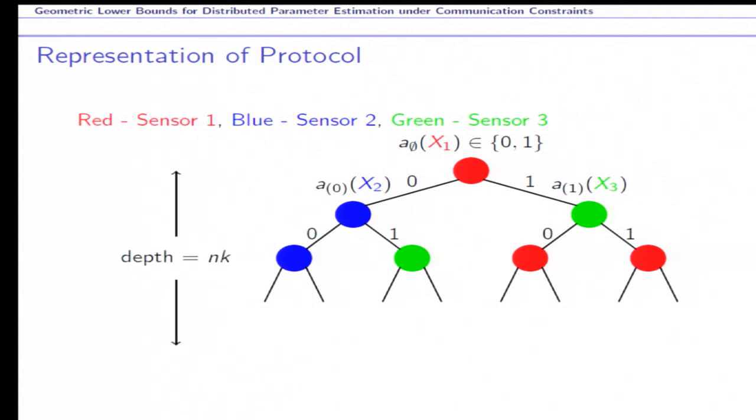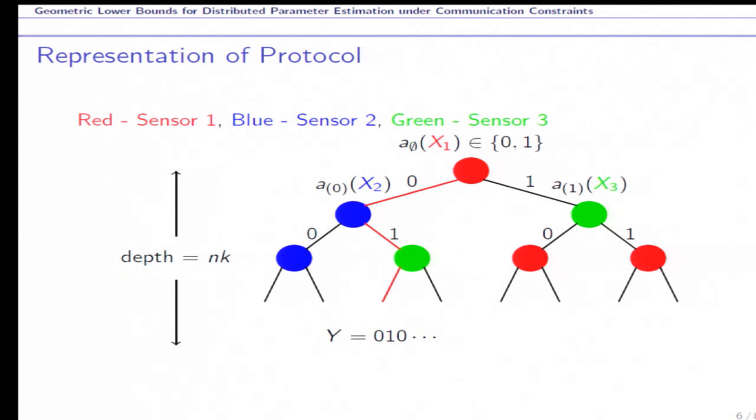Consequently, the depth of the binary tree is n times k, and each path from the root to a leaf corresponds to a given transcript, a given message to the centralized processor. So the binary tree together with the strategy functions constitute a complete representation of the blackboard protocol, and we are only left with the statistical lower bound for finding a theta hat based on this strategy.